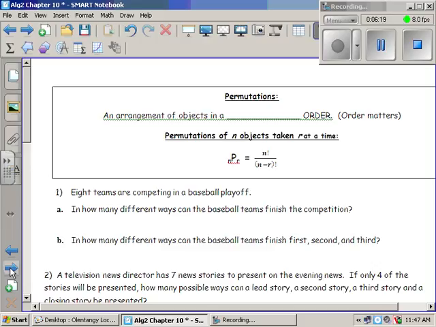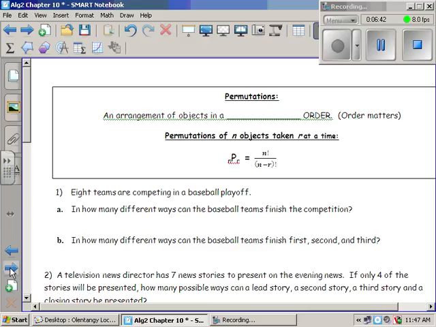So every group of 3 kids could be 3 different orders, right? Because I could have Nick is the president, Alexa's the vice president, and Tyler's the secretary, or I could have that Tyler's the president and Alexa's secretary and Nick's the vice president, or I could have Alexa's the president, right? So every single group of 3 would be 3 different orders.